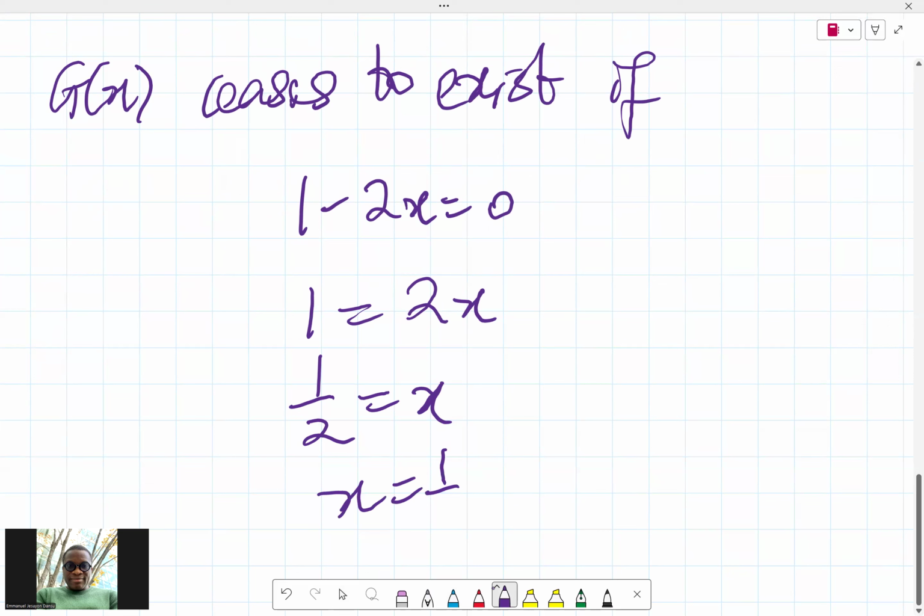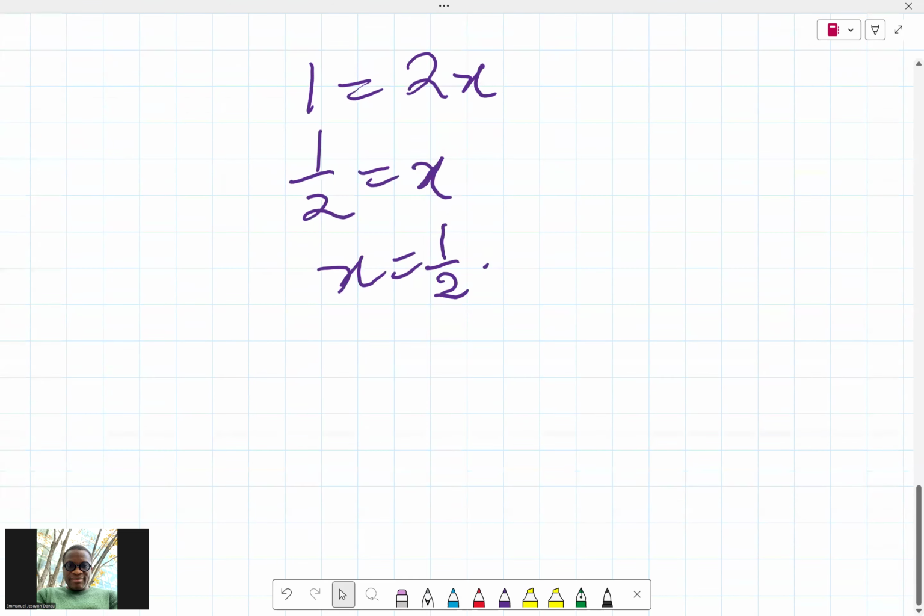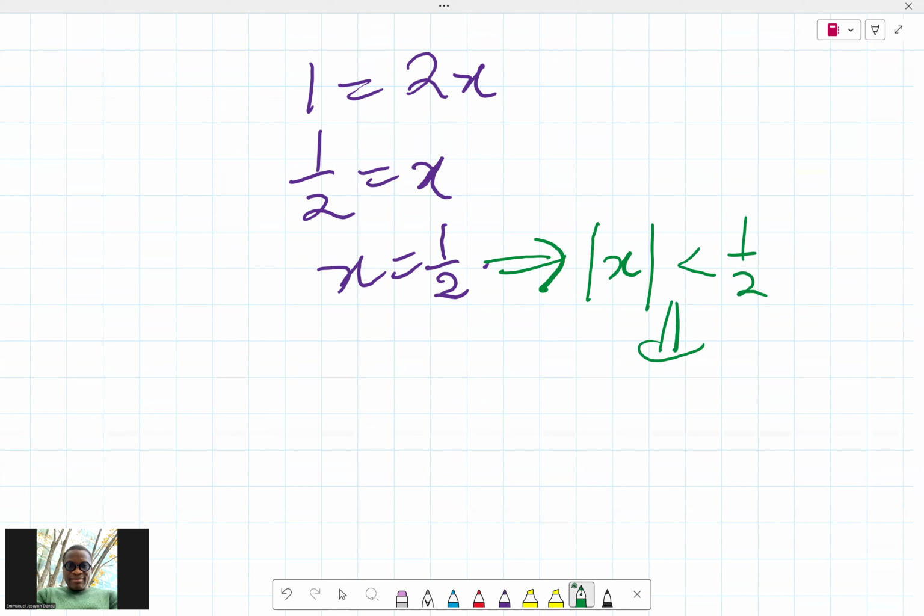So x is equal to half. That says a lot about the convergence. It implies that the generating function only converges for absolute value of x less than half, and that implies that x lies between minus half and half.